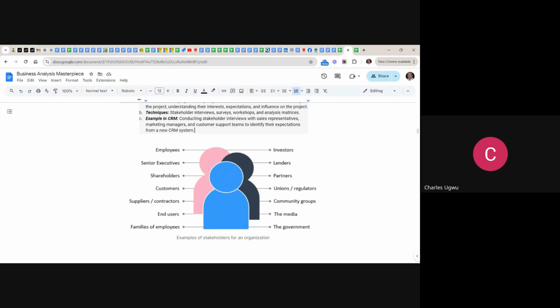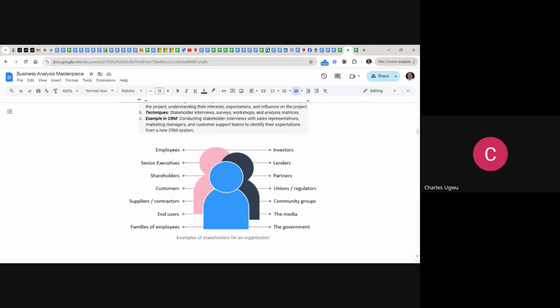We have investors, lenders, partners, unions, regulators, community groups, the media and the government. They are all organizational stakeholders. So the project you are handling might affect one or two of these groups. It is very difficult for your project to affect everybody in the organization at the same time, so all of them cannot be stakeholders at the same time.